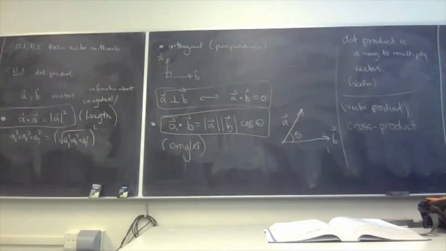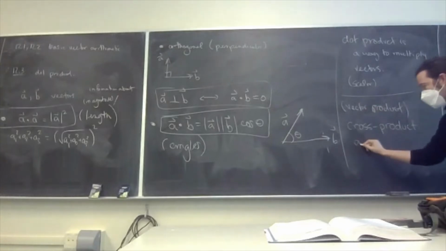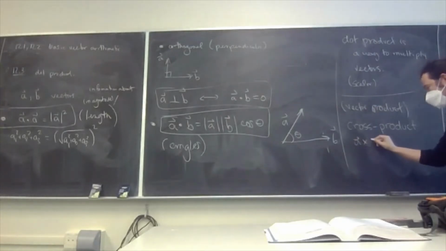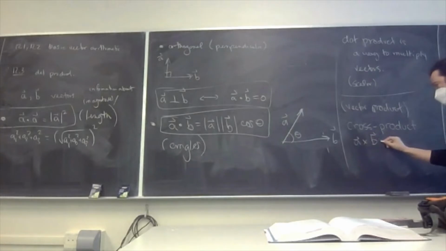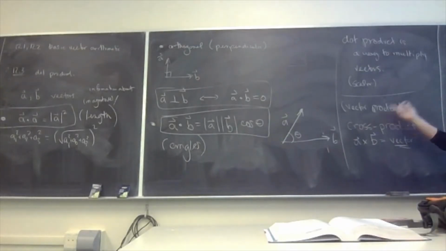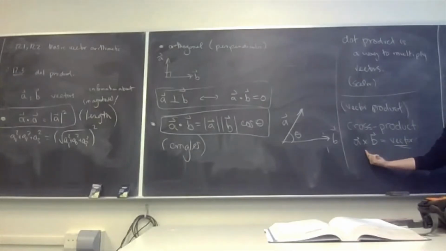The idea is that it is a vector product because you feed in two vectors, and what comes out is a vector. So it's another multiplication. Calling it a product or a multiplication is justified because it satisfies all the rules we expect a multiplication to satisfy. We wouldn't call it a product if it didn't act like multiplication. We even go so far as to use the multiplication symbol for it.